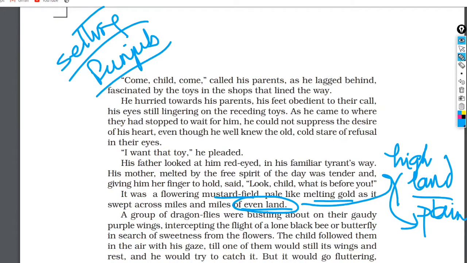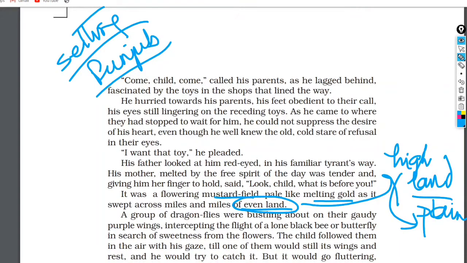Therefore, in front of it, another attraction was there. The attraction was the mustard field that was spreading, or that was stretching miles and miles away. Means all the farmers planted the mustard seed in the field.